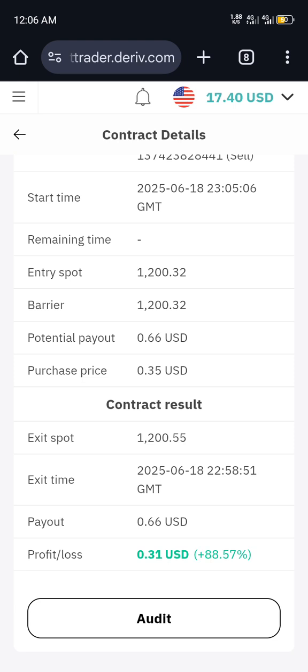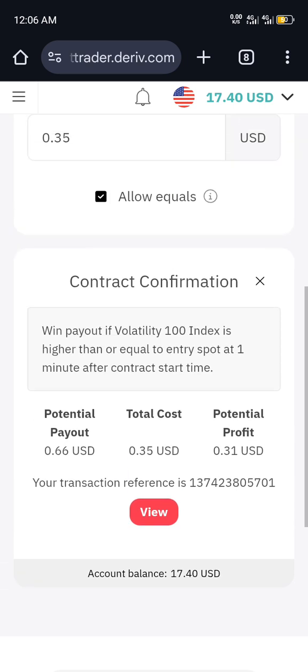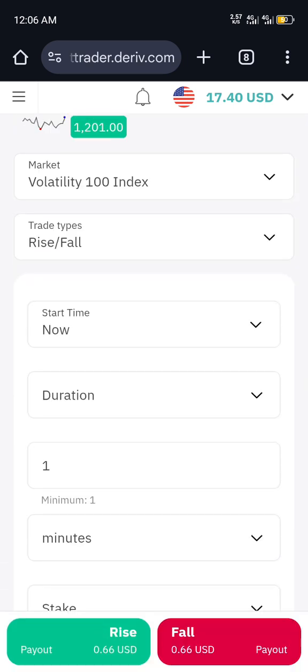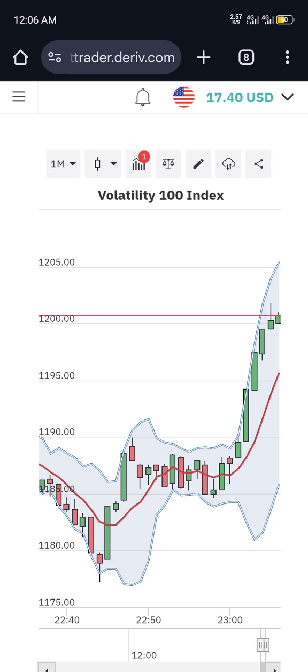It ends in our favor. So we have 31 cent profit added to our portfolio. You see, just gradually, we are building the account.